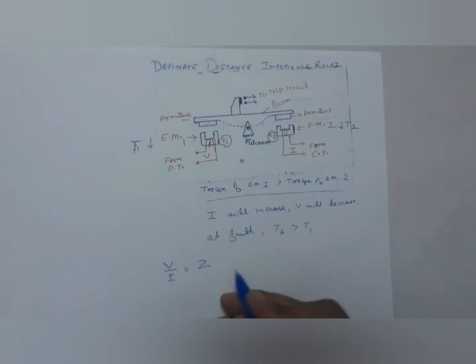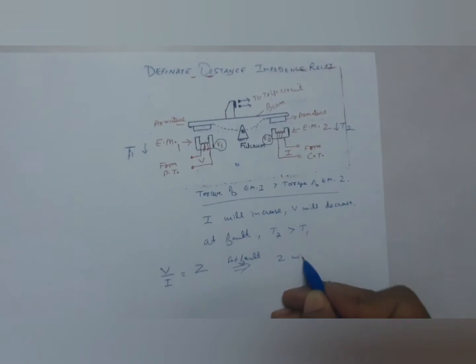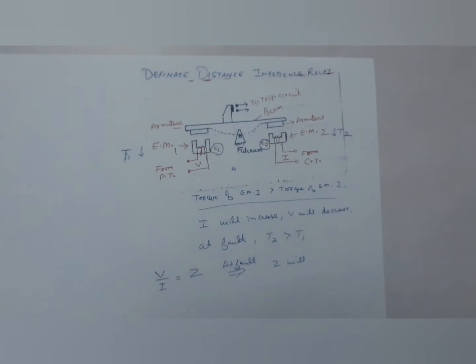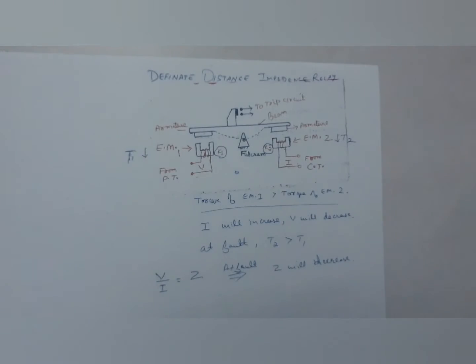Z. So when the fault occurs, what will happen? I will increase and V will decrease. So at fault, Z will decrease and trip will happen.